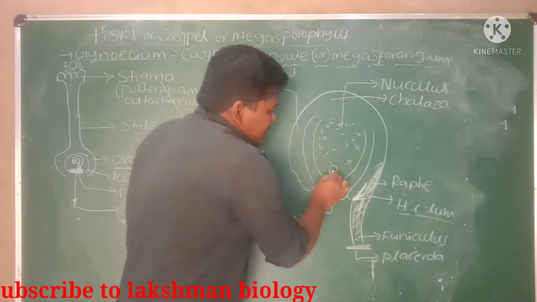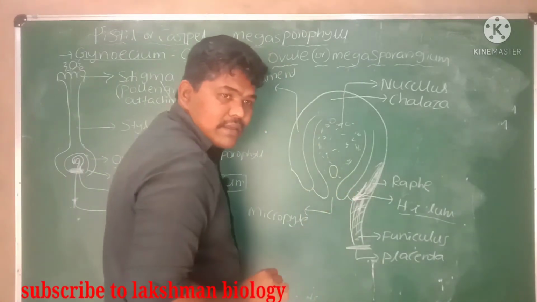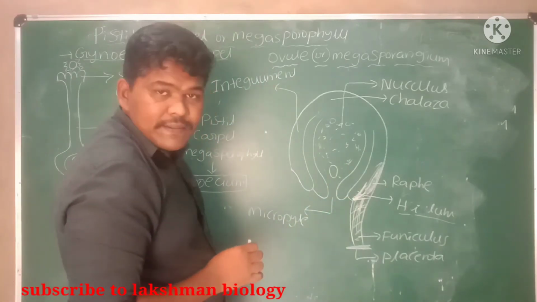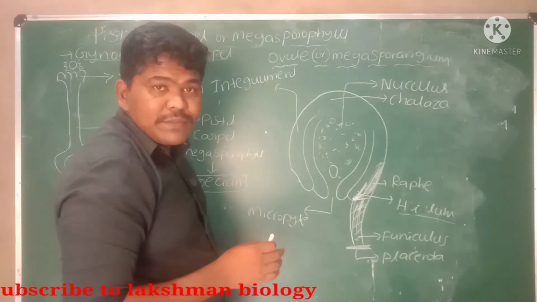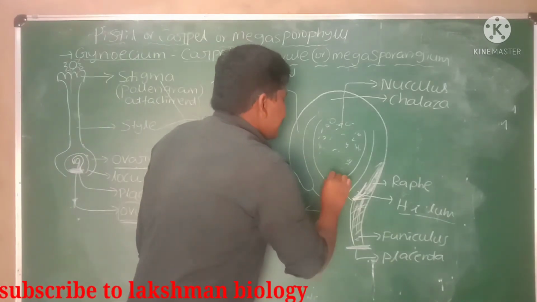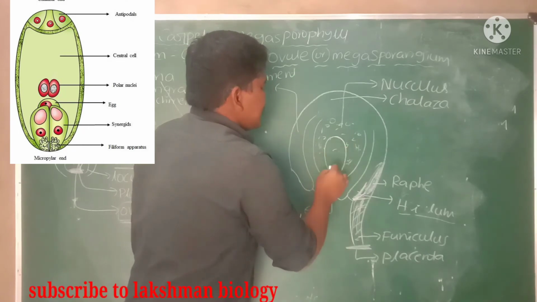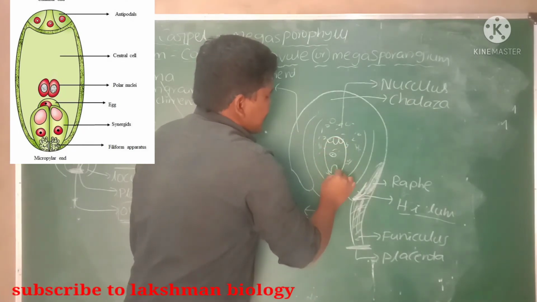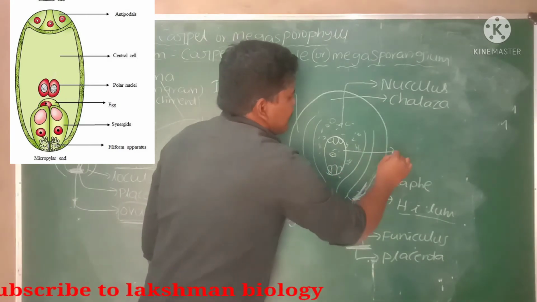One of the nucellus cells located at the micropylar end undergoes meiosis and becomes an embryo sac. See, this is the embryo sac. Another name of embryo sac is female gametophyte.